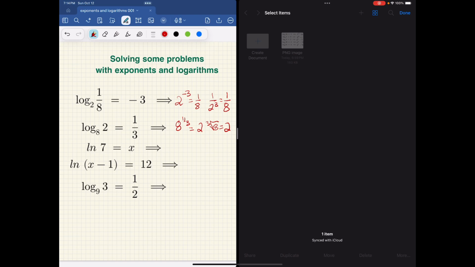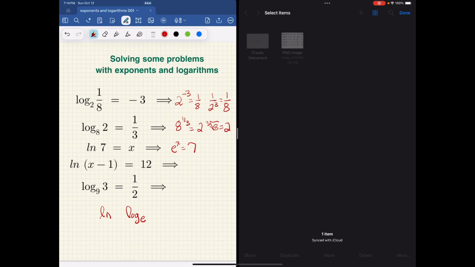The natural logarithm of 7 equals x. Natural logarithm is just like saying log to the base e. So the natural logarithm of 7 equals x means that e to the x equals 7.